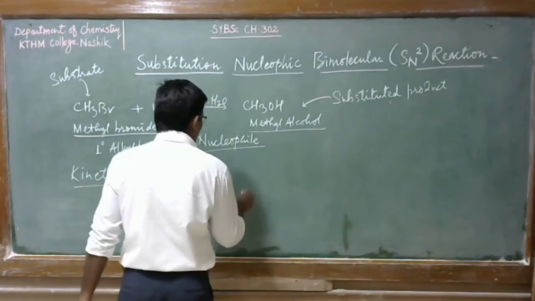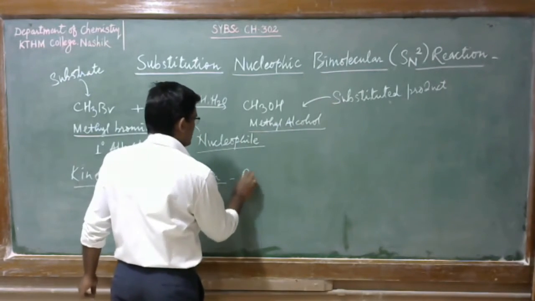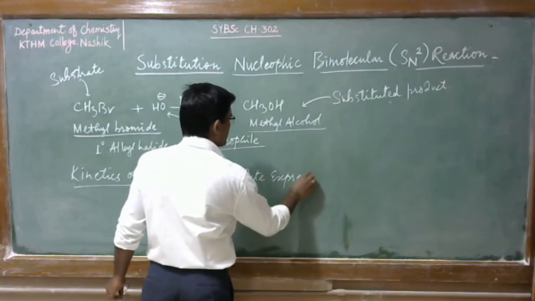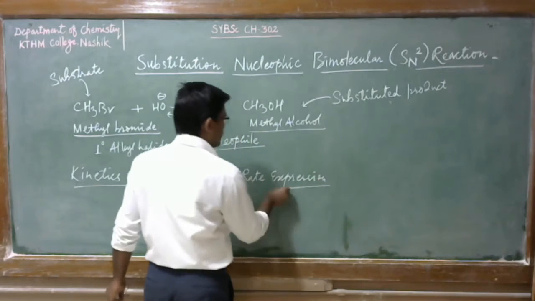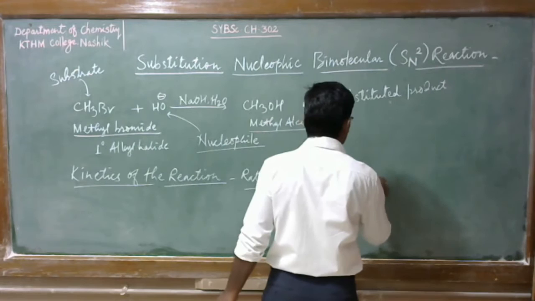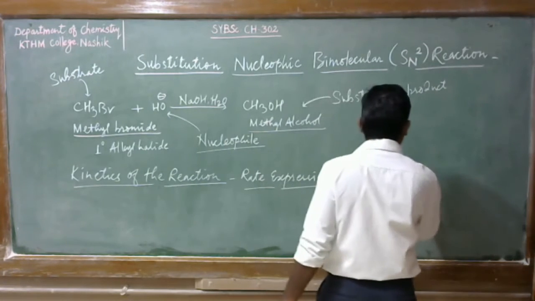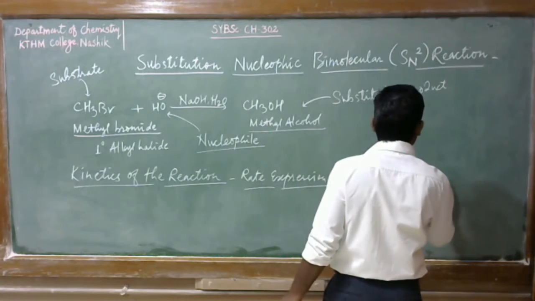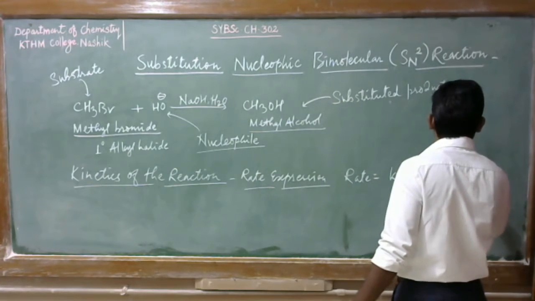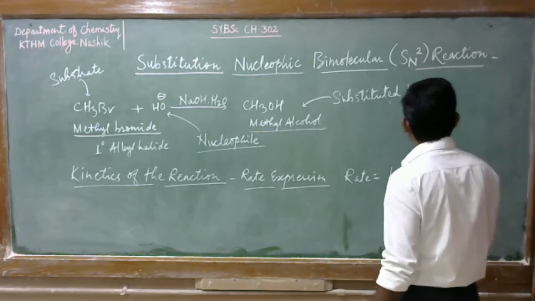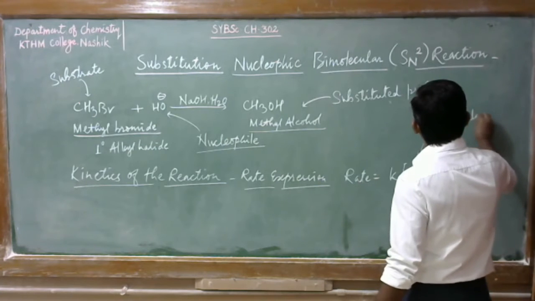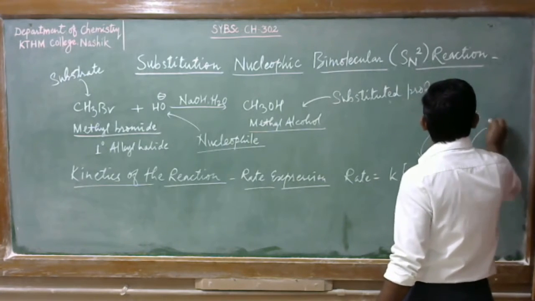So the rate expression would be rate equals k [methyl bromide][hydroxide ion], where methyl bromide is our substrate and hydroxide ion is the nucleophile.